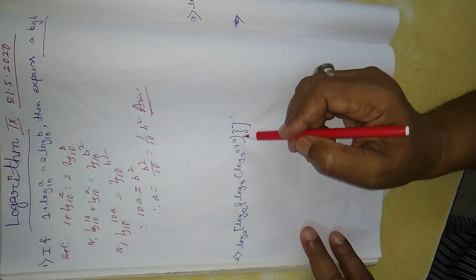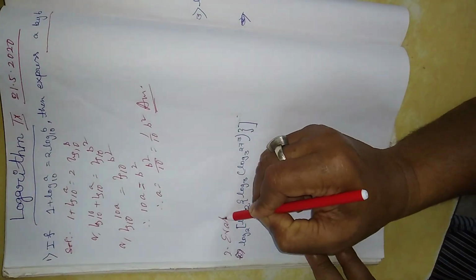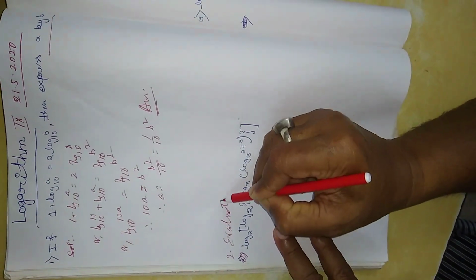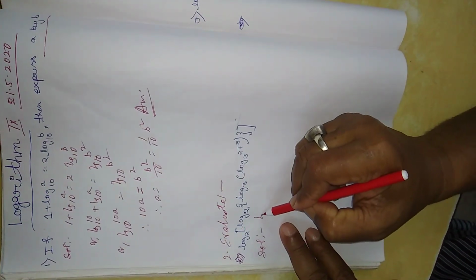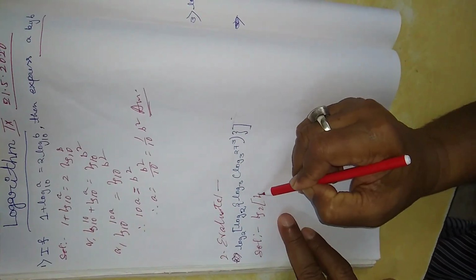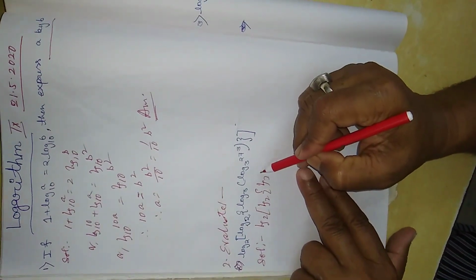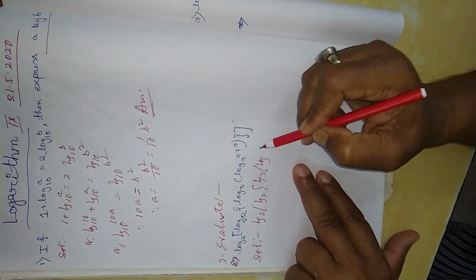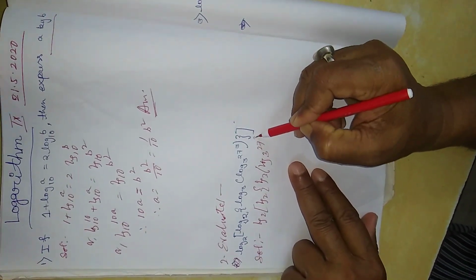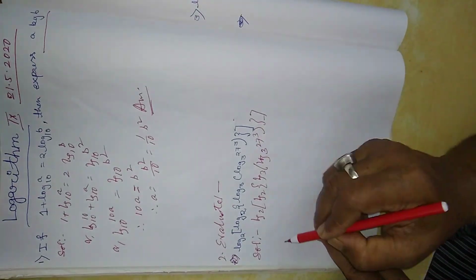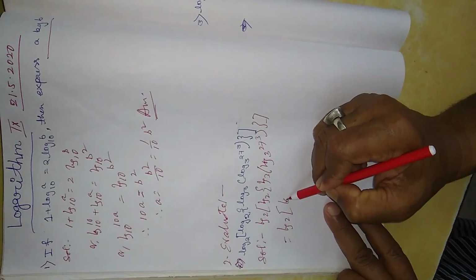The second sum, that is evaluate. Solution. Log 2 of log 2 of log 3 of log 3 to the base 27 cube, first bracket, second bracket, third bracket. Now, follow the sum.